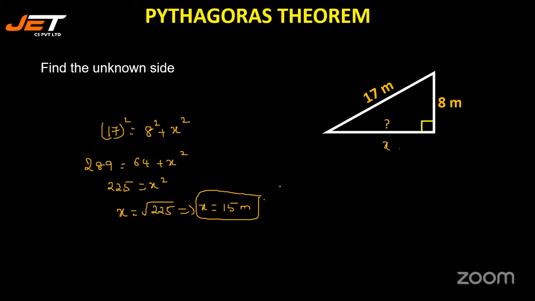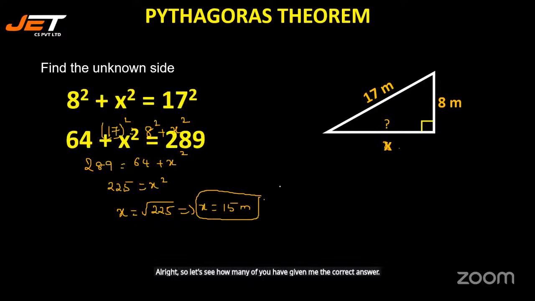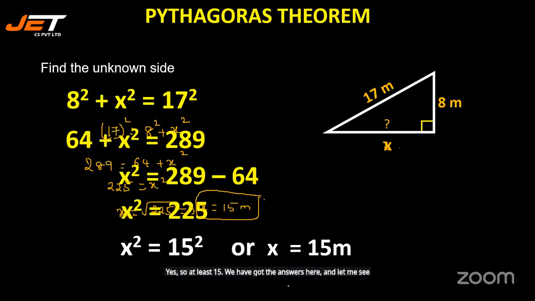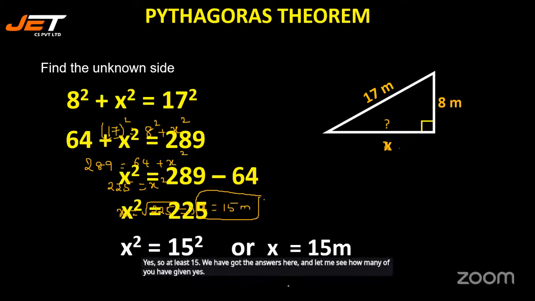All right. So let's see how many of you have given me the correct answer. Yes, so x is 15. We have got the answer here. My God, the answers are literally pouring in.